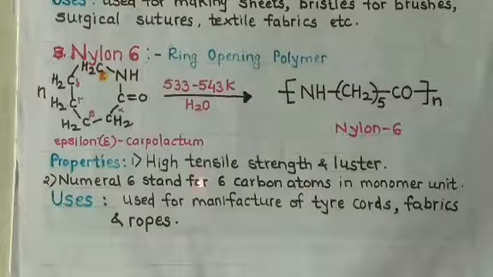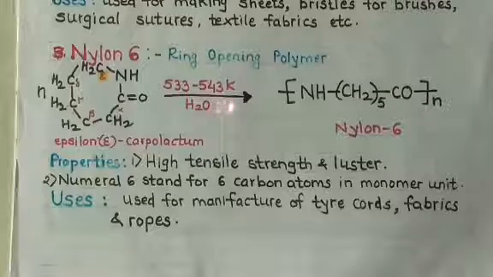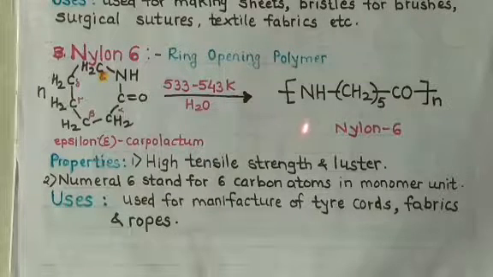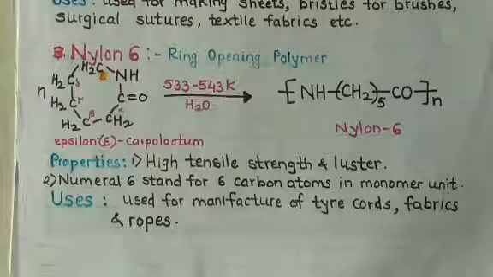At high temperature, 533 to 543 Kelvin, the ring opens and that forms nylon 6. So it is a polymer obtained by ring opening process. So it is a ring opening polymer.